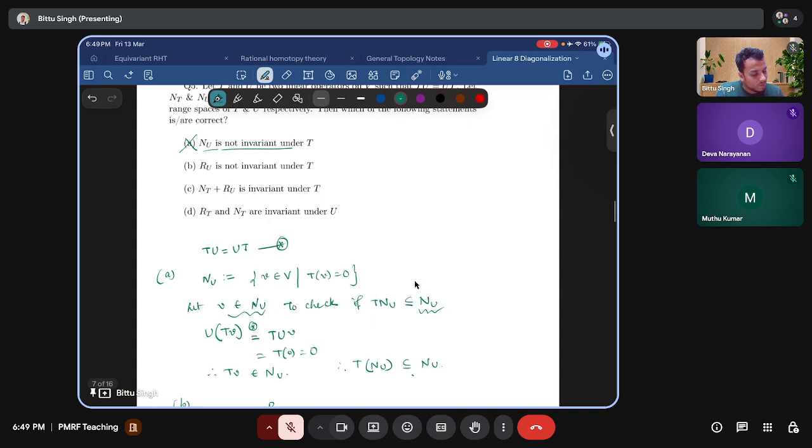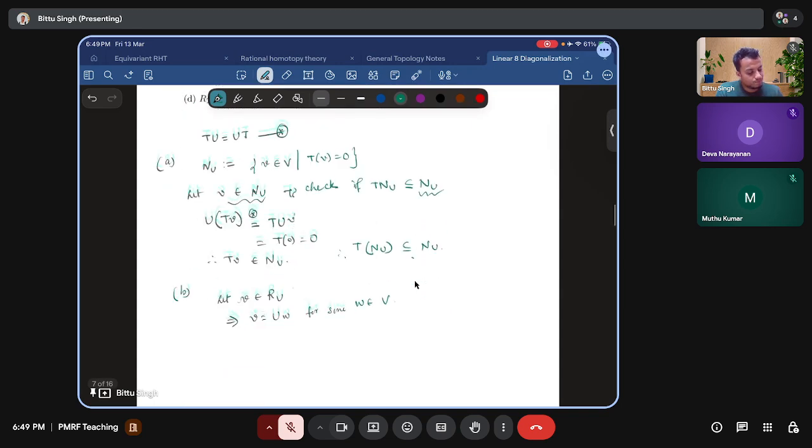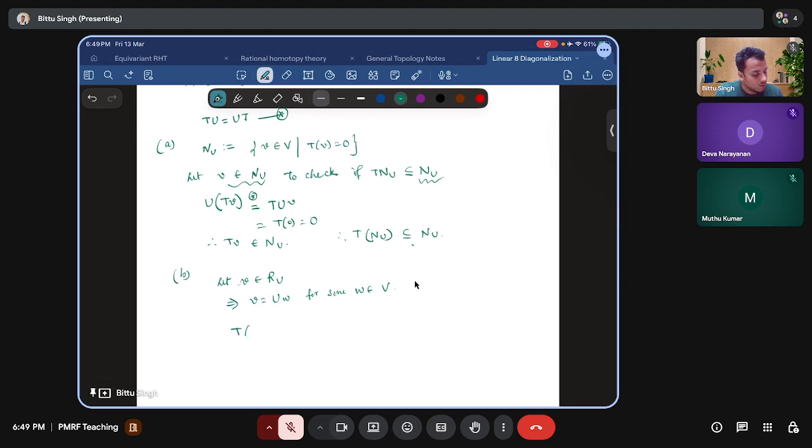Now, what happens if we apply T on this element from RU? This is the same as TUW, but again TU and UT are the same. So this is UT of W, again by star.